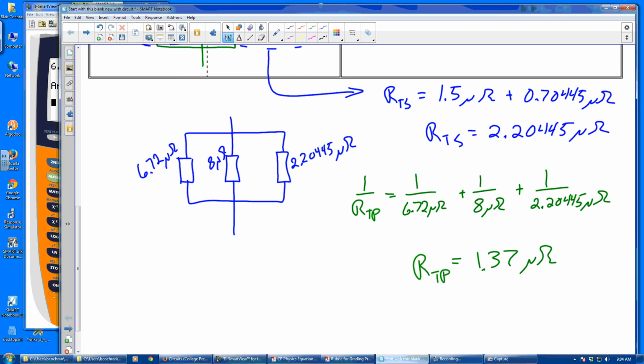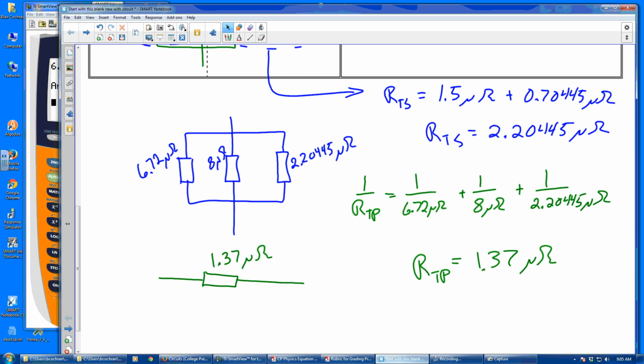And technically, I should draw my last circuit and label it 1.37 micro ohms. That should be right. Did you get a number less than 1 for 1 over RTP or for RTP?